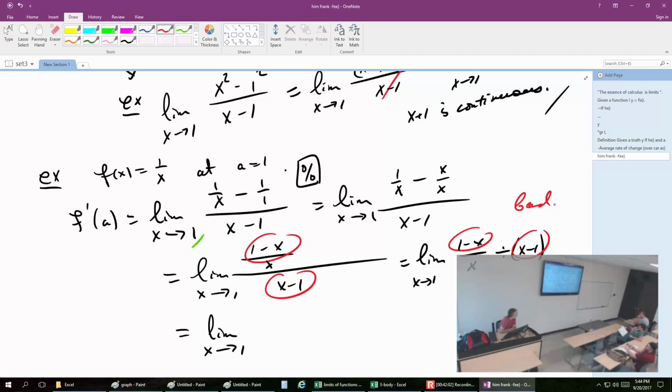And what's the relation between 1 minus x and x minus 1? Are they inverses? Not inverses, no. Say this is 1 and this is x.